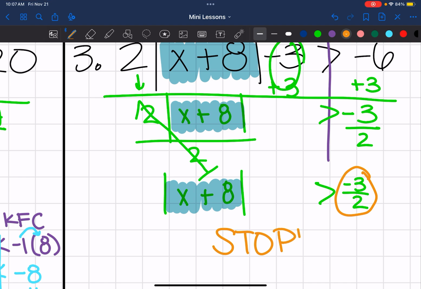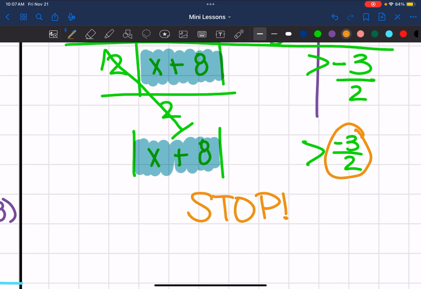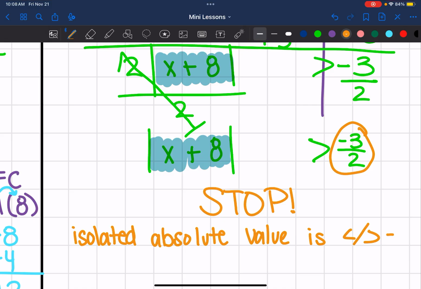So we are going to stop here, and the reason we are stopping is the isolated absolute value is, and I'm going to put the symbols less than or greater than a negative number.